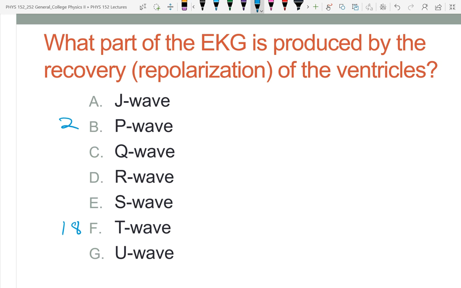So, I went through, before I made this, I checked, and I'm pretty sure there is something that's a J wave. I don't even remember what it is. I didn't talk about those. I'm pretty sure they actually do exist. The P wave was the depolarization of atria. So that ain't it.